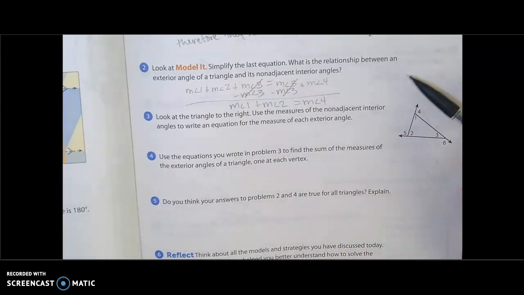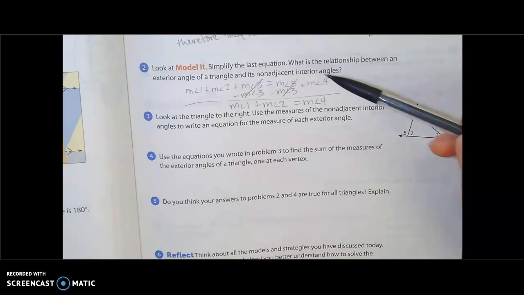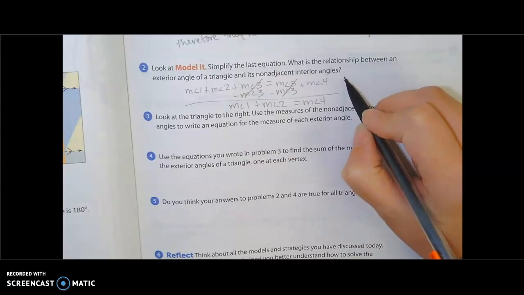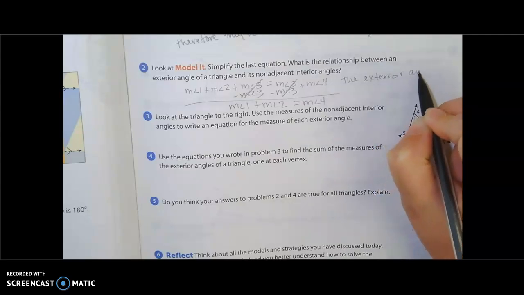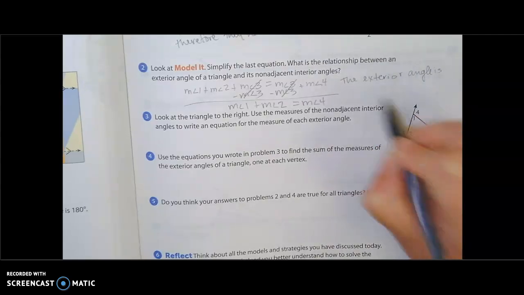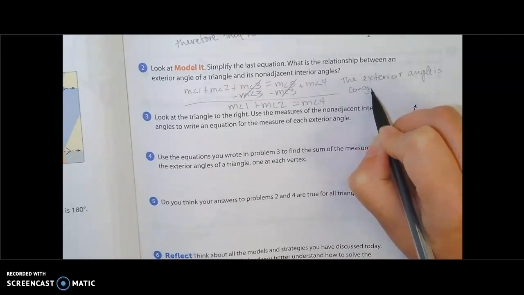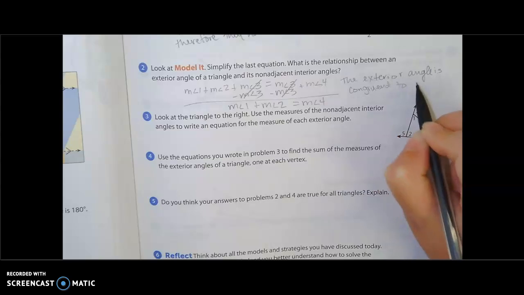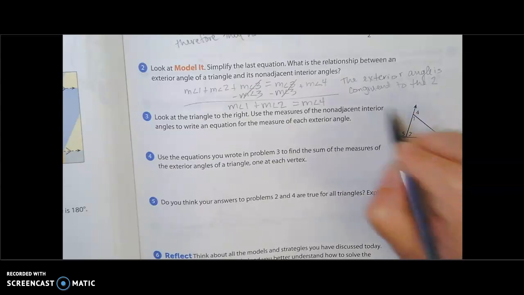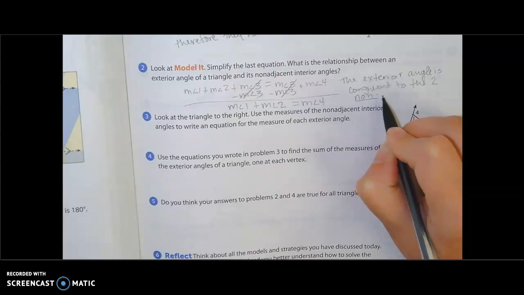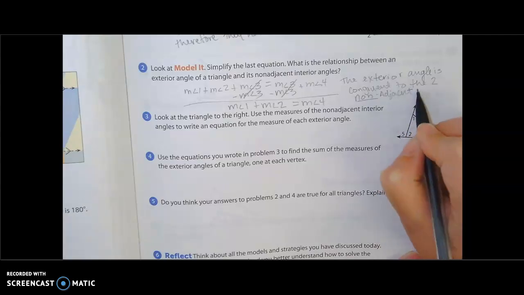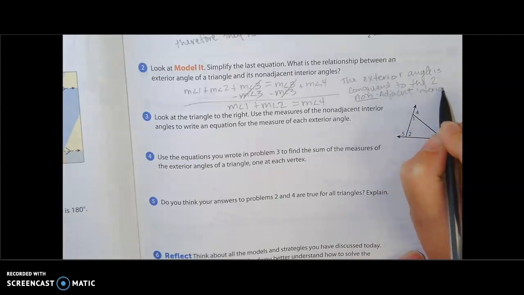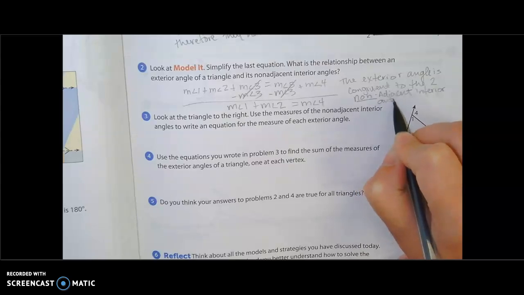So what is the relationship between an exterior angle of a triangle and its non-adjacent interior angles? And that is that the exterior angle is congruent to the 2 non-adjacent interior angles.